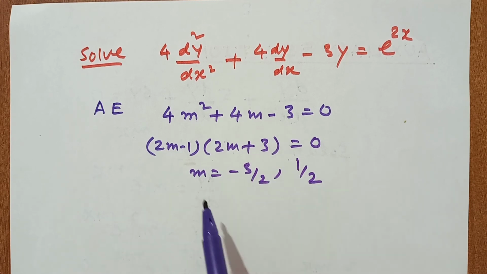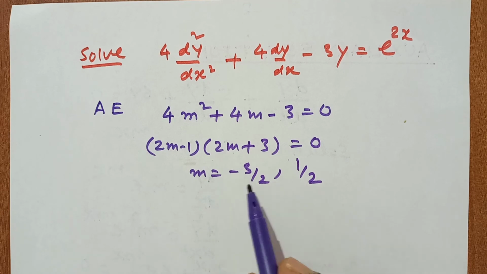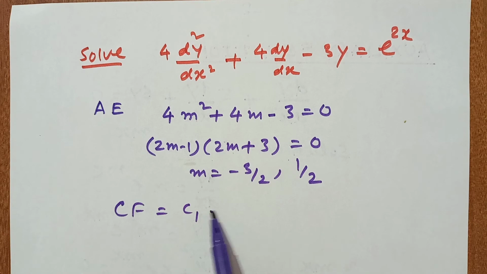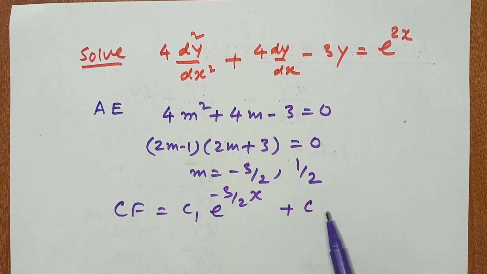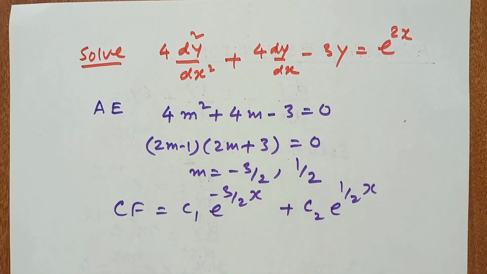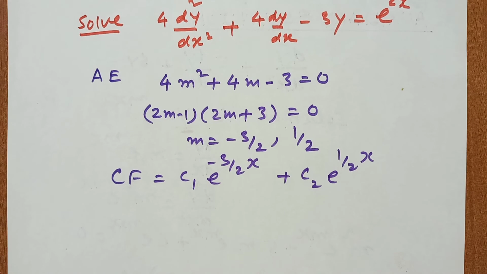Okay, so here roots are distinct, so CF is C1 e to the power minus 3 by 2x plus C2 e to the power 1 by 2x, because we know when roots are distinct, it is C1 e to the power m1x plus C2 e to the power m2x.